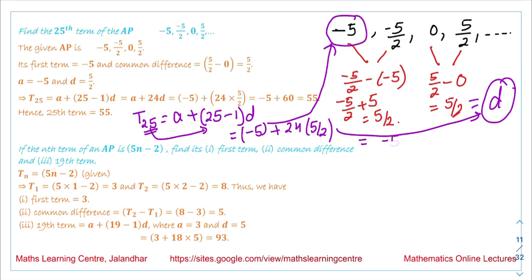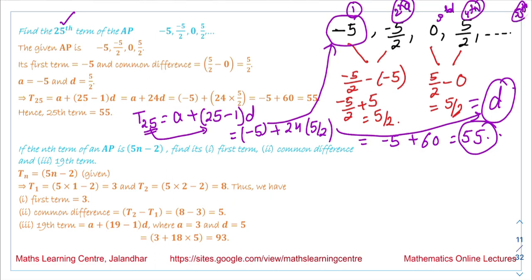So the answer is minus 5 plus 60, that is equal to 55. So we are saying the 25th term is 55. Somewhere here is the first term, second term, third term, fourth term. Likewise, we will have the 25th term over here, and that will be 55.